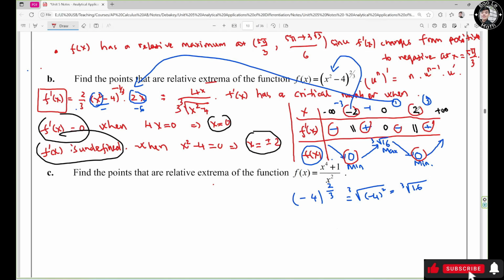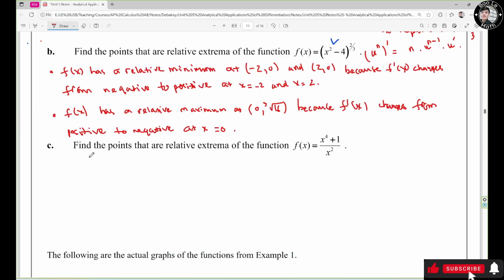Now, similarly, the function f of s has a relative maximum of cube root of 16 at s equals 0 because the function f prime of s changes sign from positive to negative at s equals 0.